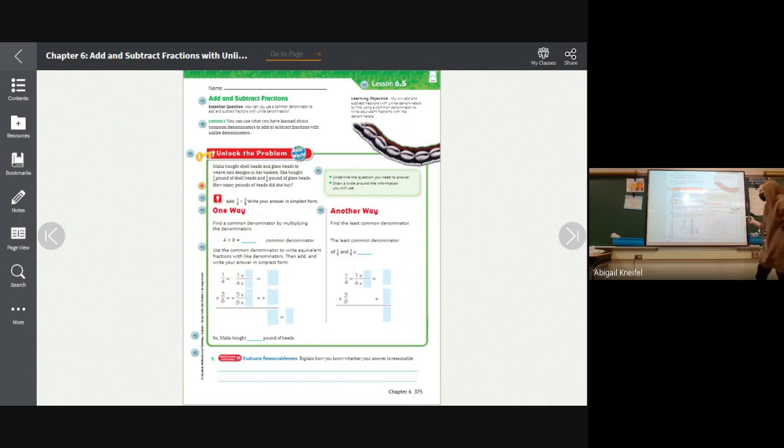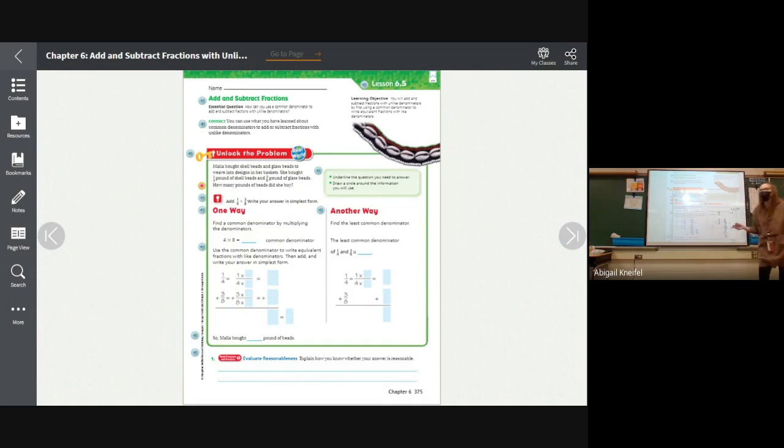What's our least common denominator? 8. So do we even need to change 3 eighths? No. But we do need to change 1/4. How many times did we multiply 4 to get to 8? 2. What we do to the bottom, we have to do to the top. So then we have 2 over 8 plus 3 eighths, and we get 5 eighths.